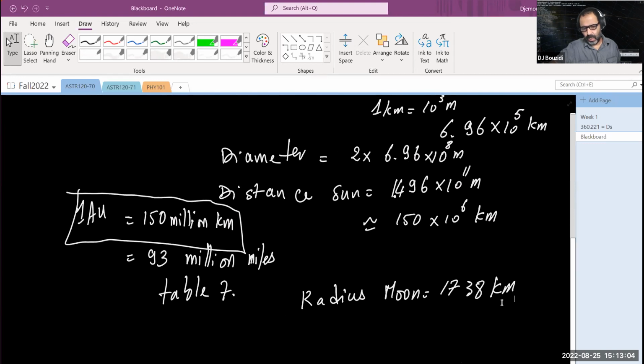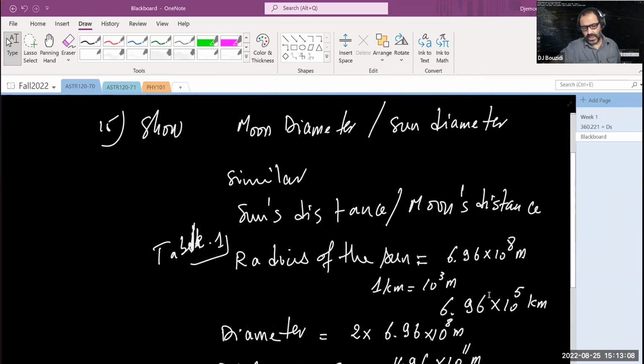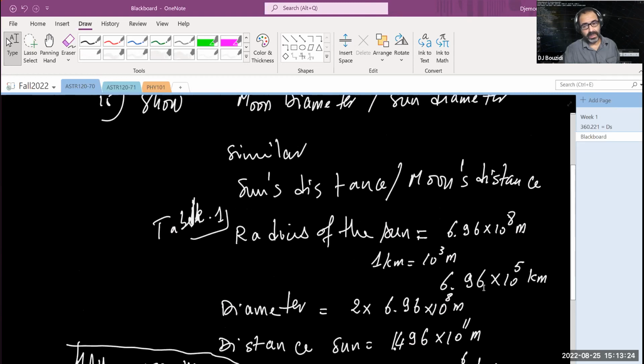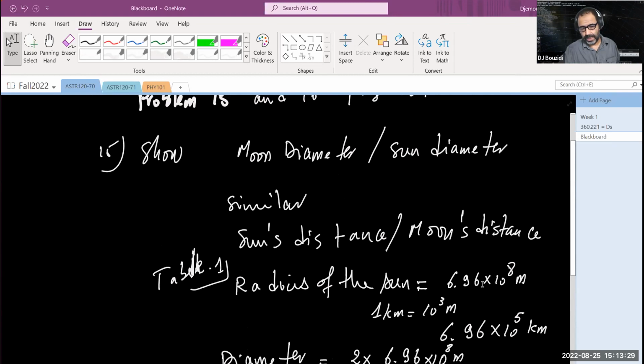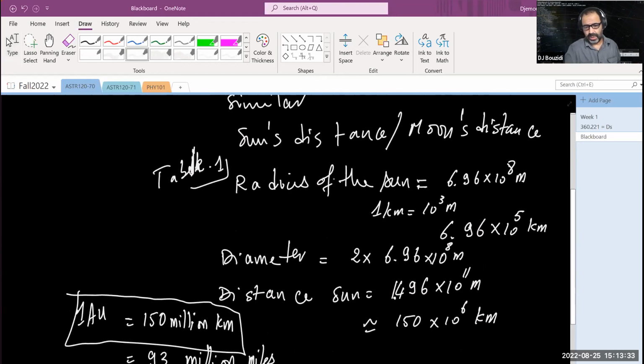So in this case, since the moon on table 7 is in kilometers, I have to convert the sun's radius to kilometer, or I have to convert the moon's radius to meters, so that the meters cancel the meters or kilometers cancel kilometers. So this is important, don't miss this step in here. Otherwise, you're going to get some nonsense numbers. Okay. So the moon's radius is going to be, I'm going to stick with the conversion that I did earlier.